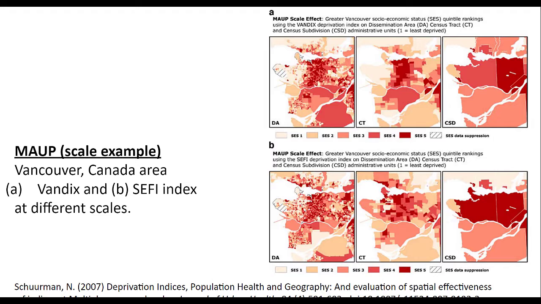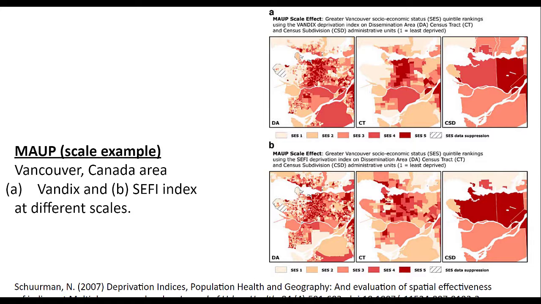In another example, Canadian geographer Nadine Sherman took a couple different health indices and mapped them at different geographic scales. As the scales changed from smaller geographic areas to larger ones, the map produced outputs that were shaded differently. Geographic analysis choices can change your end results.